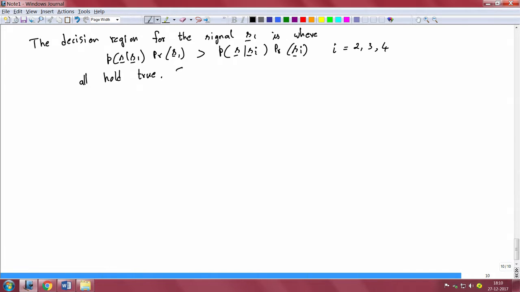So, similarly we can extend it for other signals, this definition for S2, S3 and S4. Now, based on this inequality that we have, we can define a decision boundary between two signals.